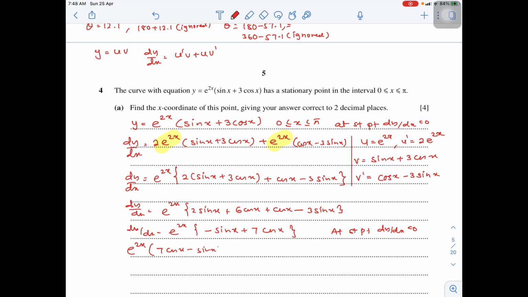Now dy over dx is 0 at a stationary point. So I'm writing e to the power 2x times (7 cos x minus sine x) is 0.